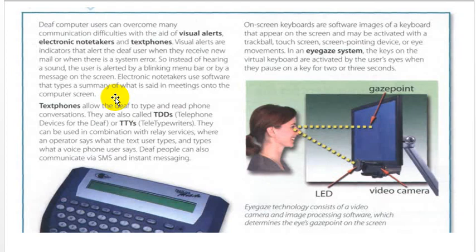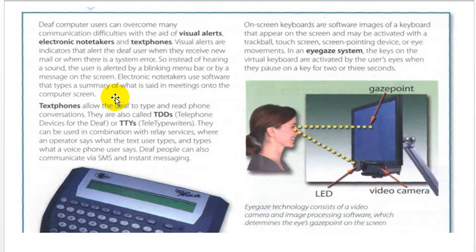On-screen keyboards are software images of a keyboard that appear on the screen and may be activated with a trackball, touch screen, pointing device or eye movement in an eye gaze system.